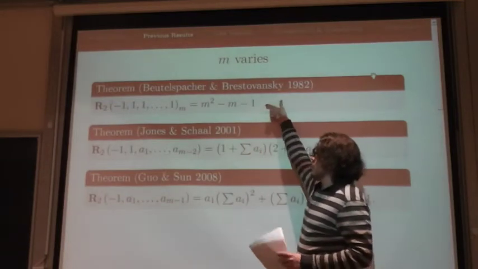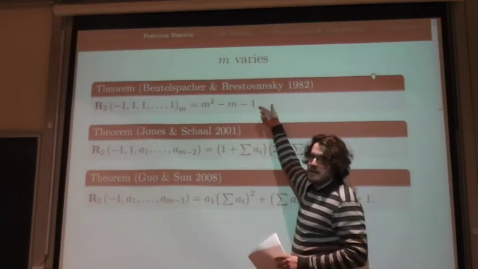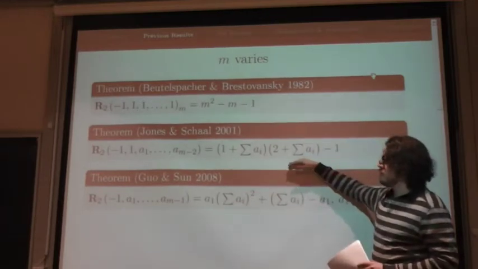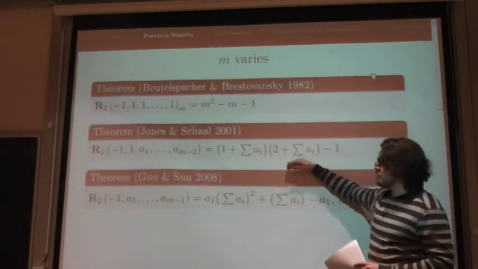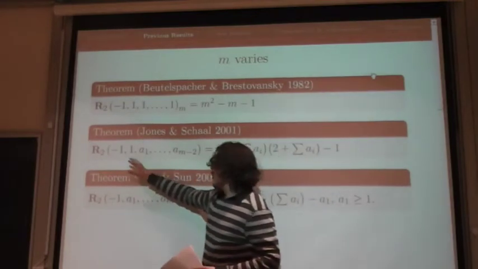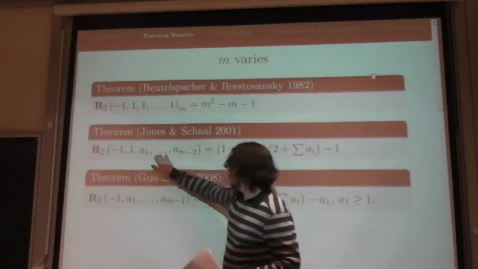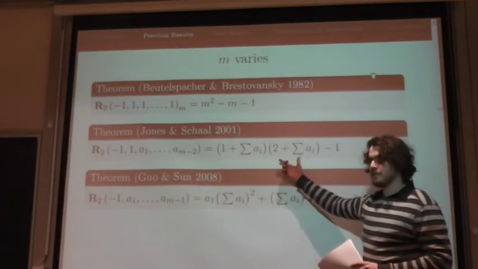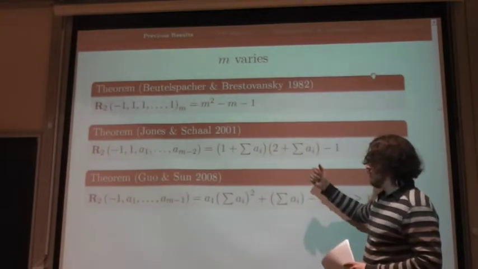And there, it has to depend on something. It depends on m. And it took a long time, but somebody managed to make a huge leap in generality where all but 2 of these coefficients could be anything. And they have this nice expression that's, again, a polynomial in the coefficients.